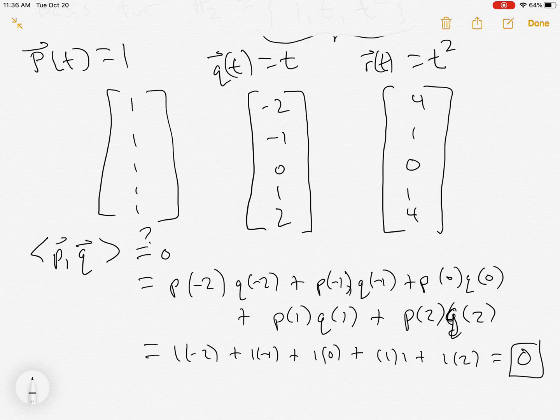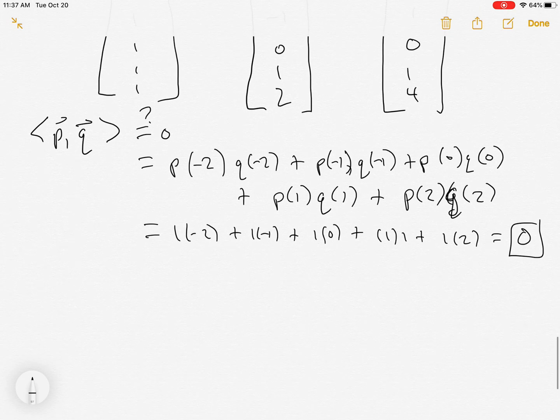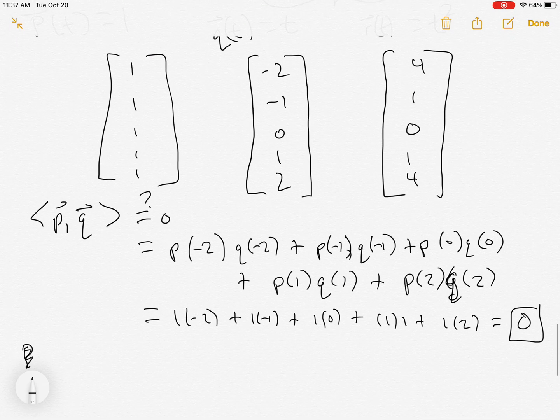So we already have two orthogonal basis vectors here, P and Q. And now we want to produce a third.